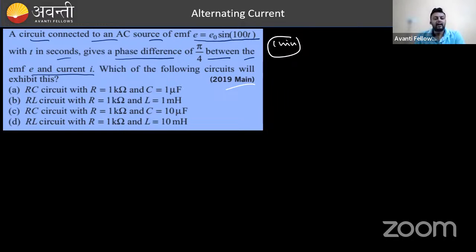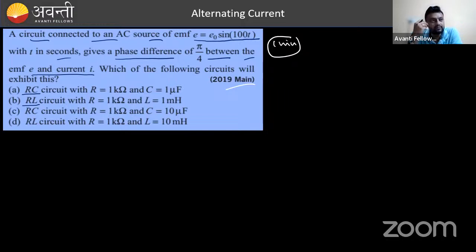If you look at the options, there are two types of circuit: one containing RC and one containing RL. Both possibilities are possible. Why both? If they had given that current is leading, then it should be an RC circuit.